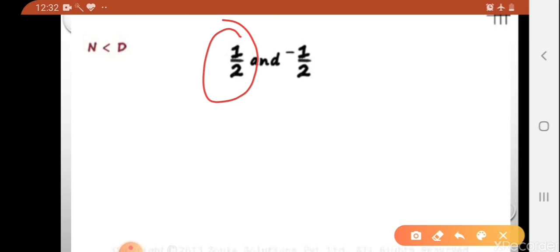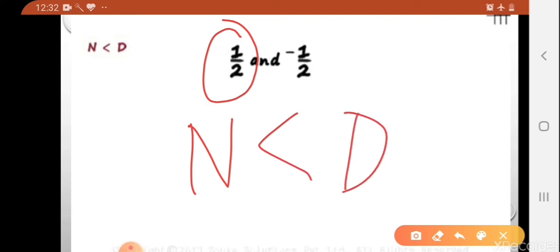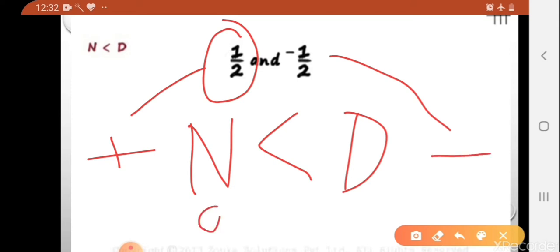Here the numerator is smaller than the denominator, and it is a positive proper fraction. And this is a negative proper fraction. So it will lie between 0 and 1. We have studied earlier also that a proper fraction will always lie between 0 and 1.